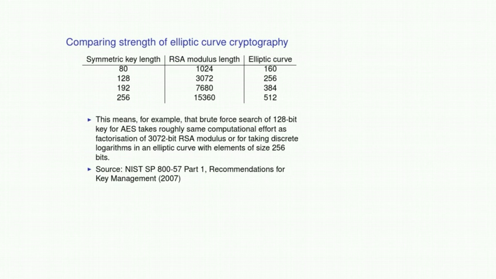Symmetric key cryptography is computationally not very expensive. That's why it is used for mass communications, data communications. But RSA is a public key encryption.